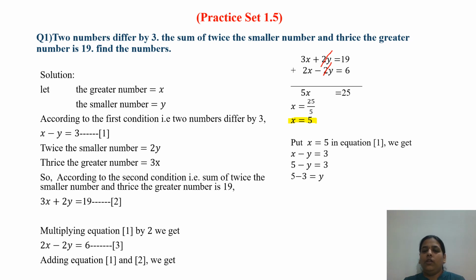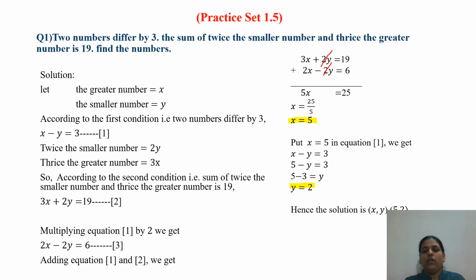Then 5 minus 3 is equal to y. Make some arrangement here. Minus y goes to the other side, so it is in plus sign, and plus 3 changes sides, so therefore it is minus. So 5 minus 3 is equal to y, and then y is equal to 2. Correct? Understand? Therefore y is equal to 2.